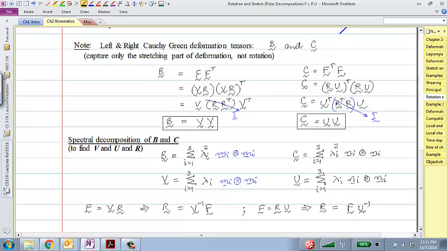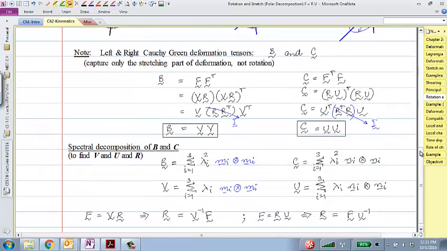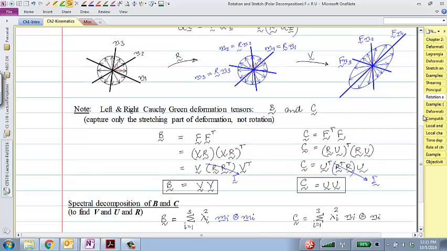That would be the way to find R and U decomposition tensors at a point if you know the map. So this is a useful way to interpret F, the effect of the F tensor on a body from undeformed to deformed, that it causes both stretching and rotation, but they can be decomposed separate of each other.